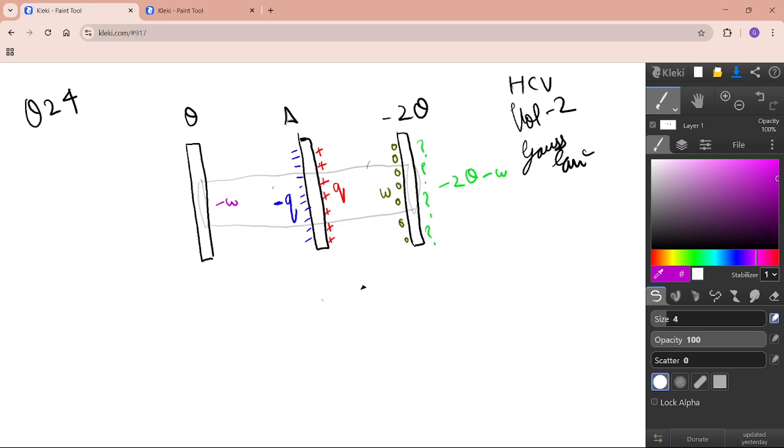I do not know whether it's positive or negative. And of course, the charge on the other side must be q plus omega, because then it has to be zero.